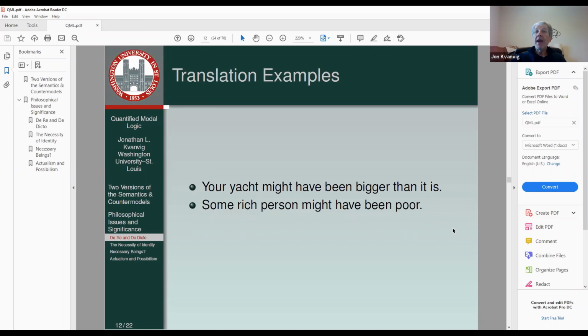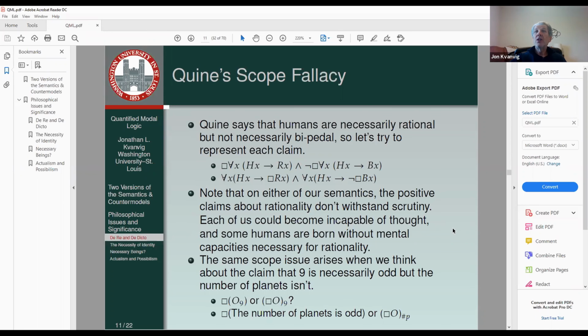Okay, so go back now to what Quine said. Humans are necessarily rational, but not necessarily bipedal. Now, the first one, humans are necessarily rational, you probably are willing to grant it in both de re and de dicto forms.